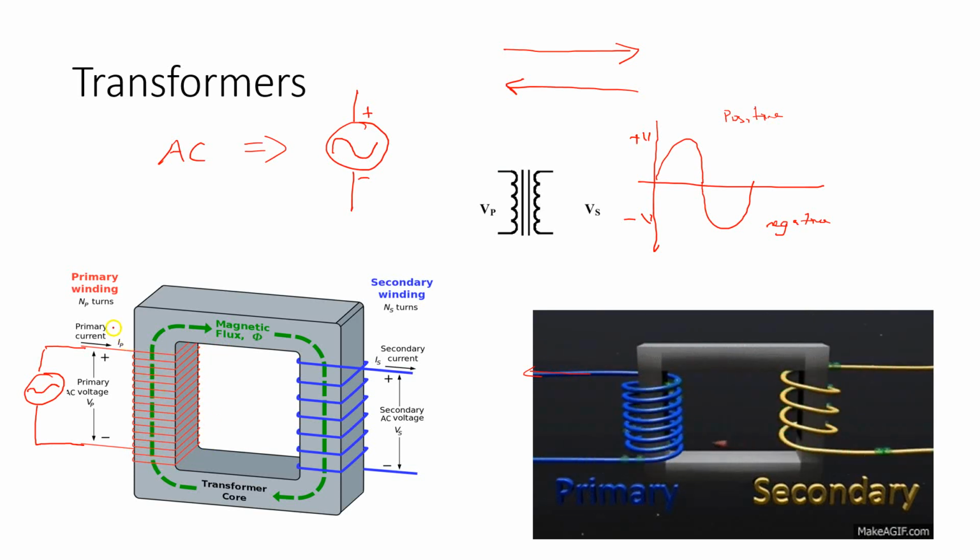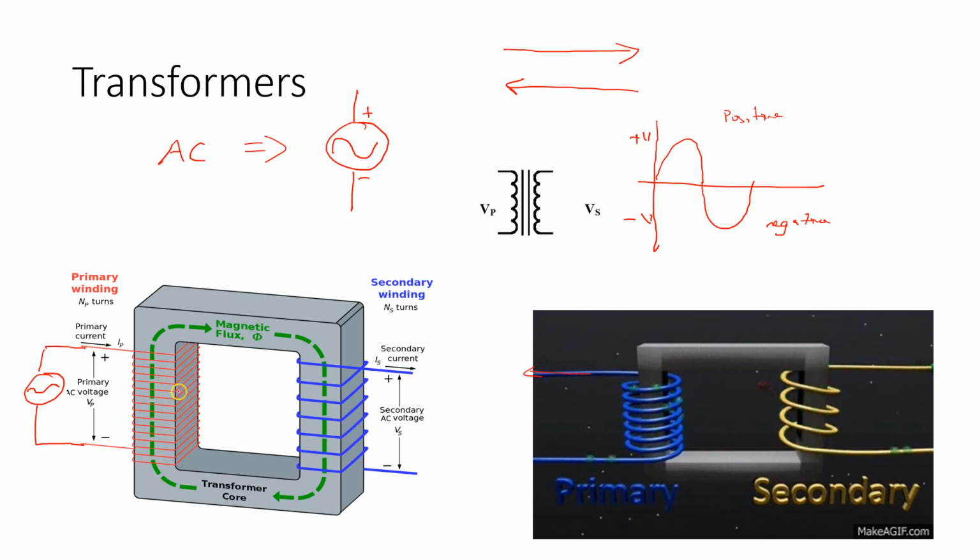And if current is flowing through a solenoid, a magnetic field is generated, right? So that's a beautiful thing. So once current is flowing through these wires, you essentially have created a solenoid. And with any solenoid, it creates a magnetic field. It's going to create a north and a south pole distinctively.